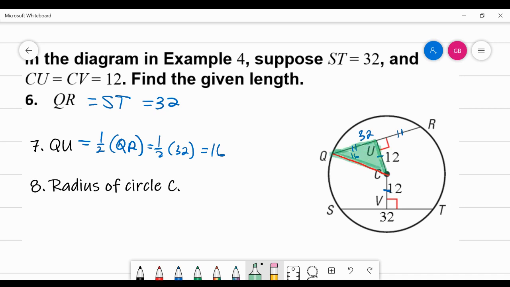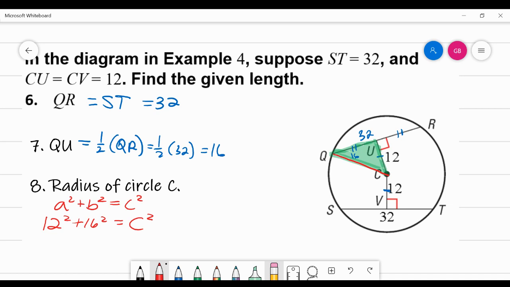So to find the hypotenuse, I'm going to use the Pythagorean theorem. a squared plus b squared is equal to c squared, I'm going to use 12 and 16 as the legs to get the hypotenuse.